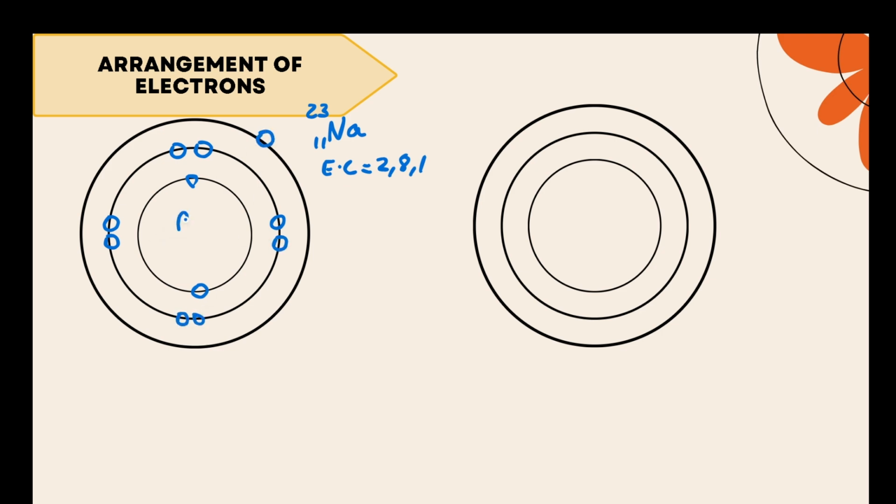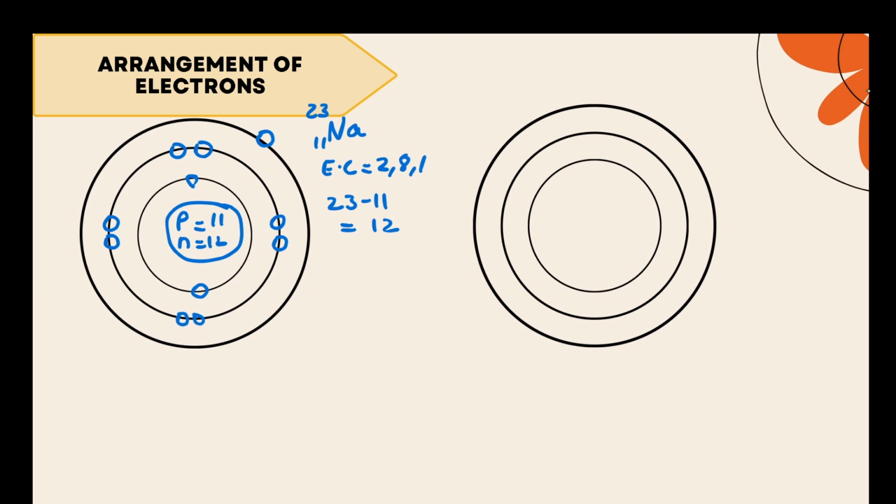Protons will be 11, and neutrons will be 23 minus 11, which is 12. That will be the nucleus, comprising 11 protons and 12 neutrons. That was the example for sodium.